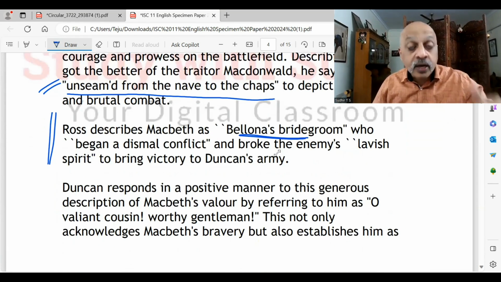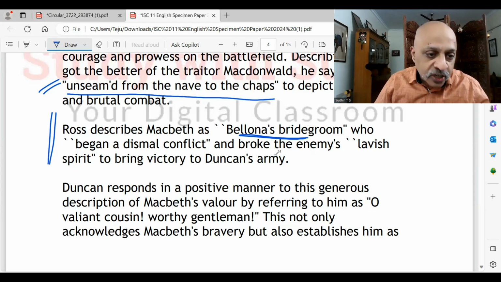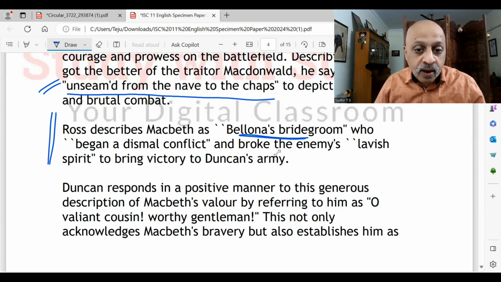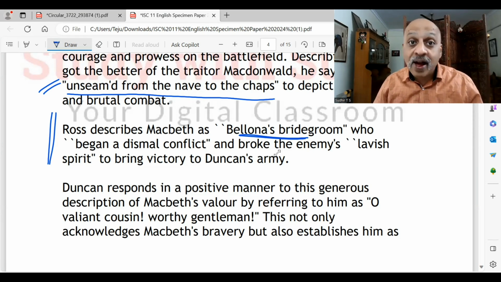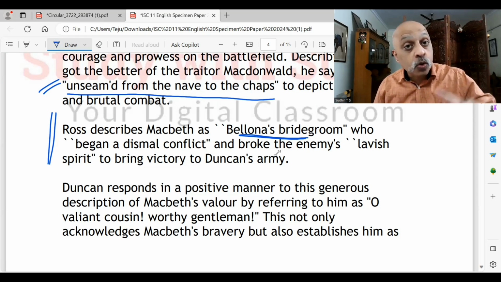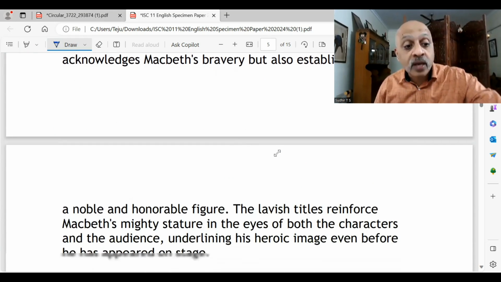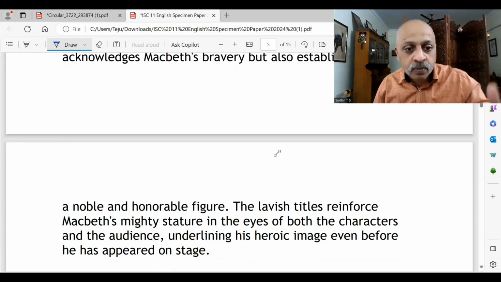Okay. Duncan responds in a positive manner to this generous description of Macbeth's valor by describing him as, oh, valiant cousin, worthy gentleman. This not only acknowledges, what does it do? One, it acknowledges Macbeth's bravery. It also establishes him as a noble and honorable figure.